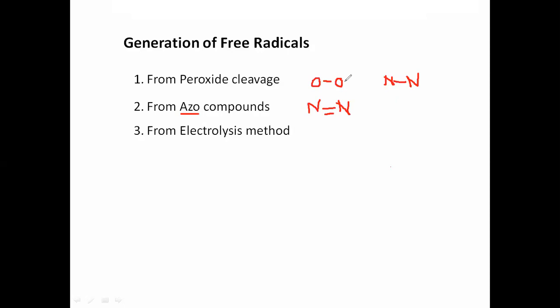So peroxides means an oxygen single bond, and there will be some other groups. Such compounds are called peroxides. When a nitrogen single bond and some other groups are present, this is called hydrazine. When a nitrogen double bond and some other group are present, this is called an azo compound.